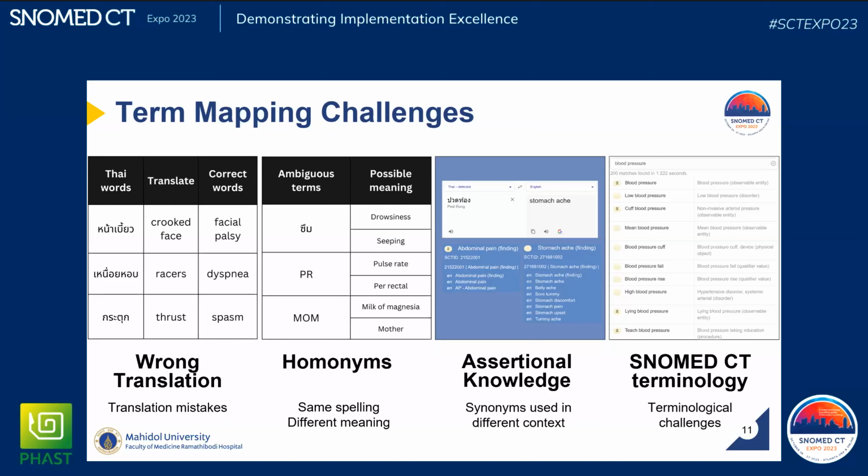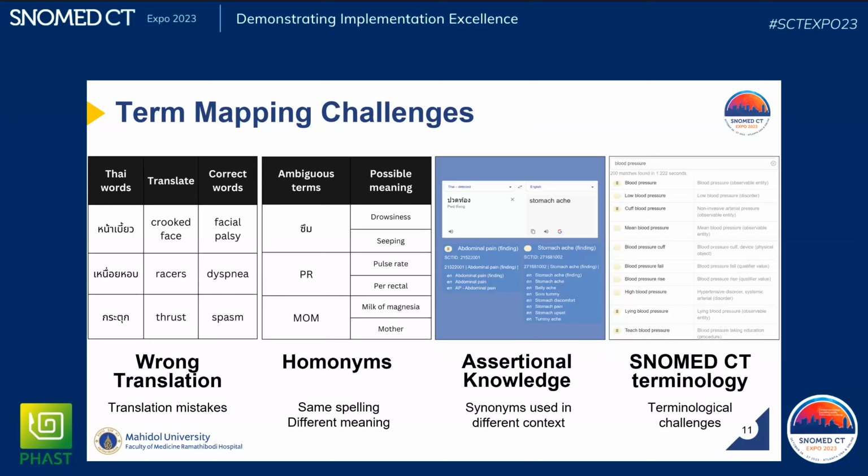And lastly, which I think Miss G already talked about last session, the terminological challenges, like a lot of matching: one-to-one, one-to-many, and so on. Even for some words, the result can be hundreds of similar words.